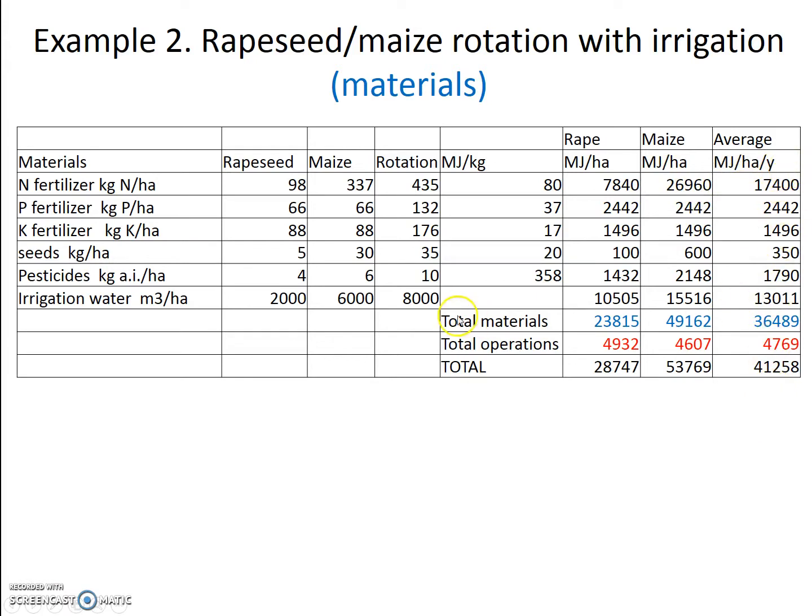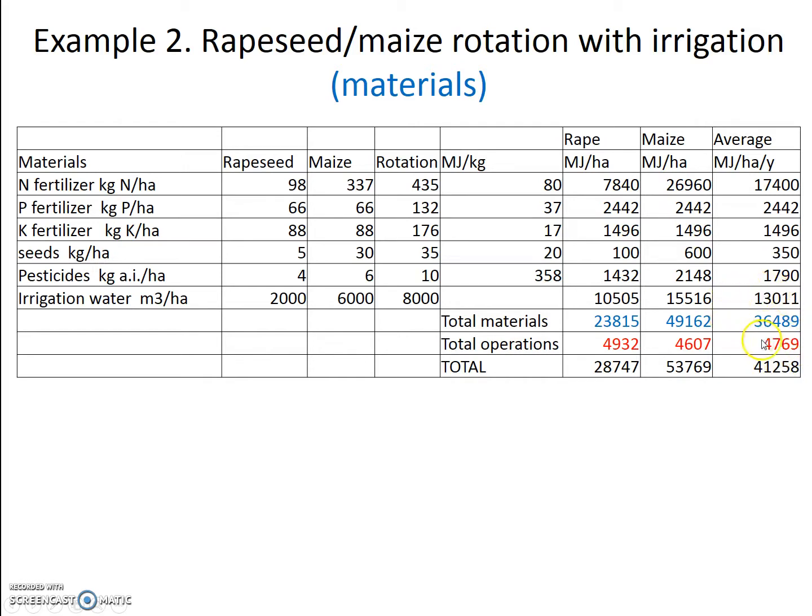We sum up the total for materials, and the average is 36,400. And for operations that we saw in the previous slide, 4,700. And the total amount exceeds 41,000 megajoules per hectare.